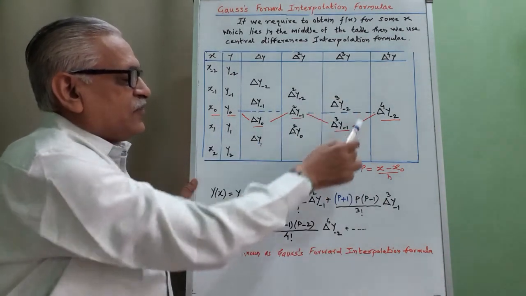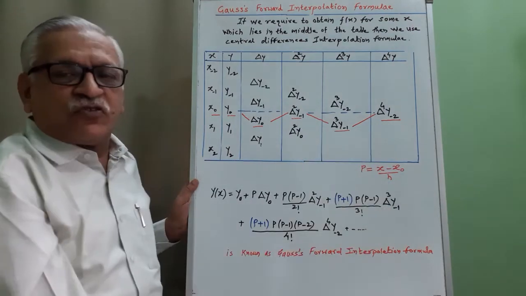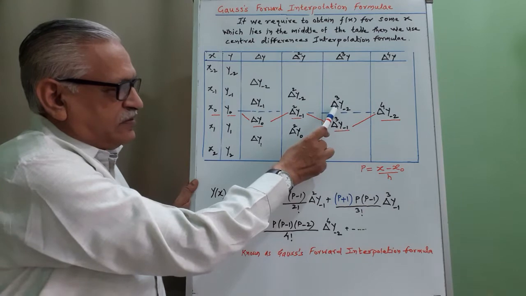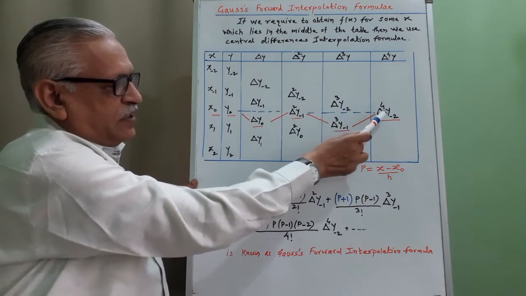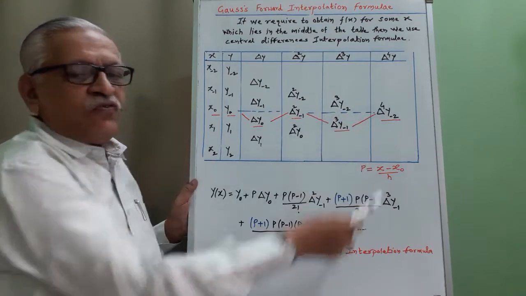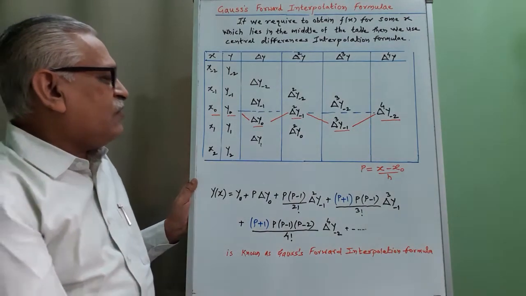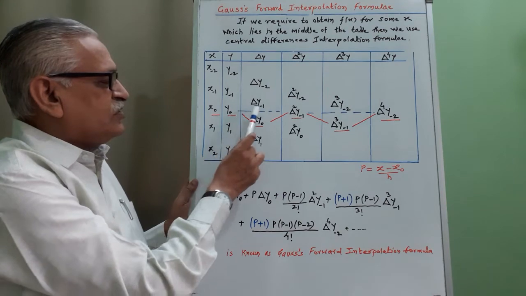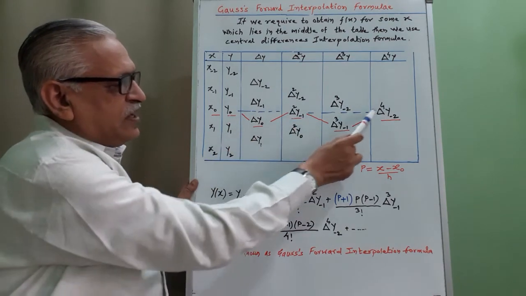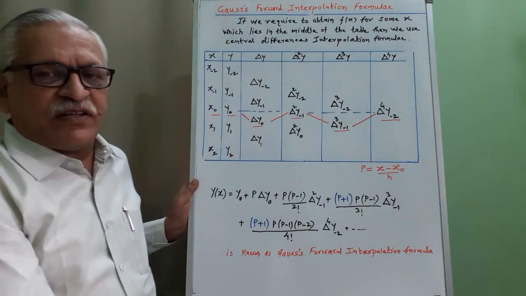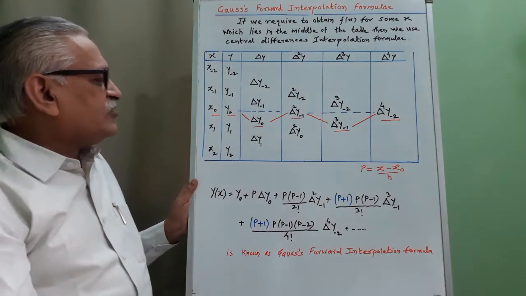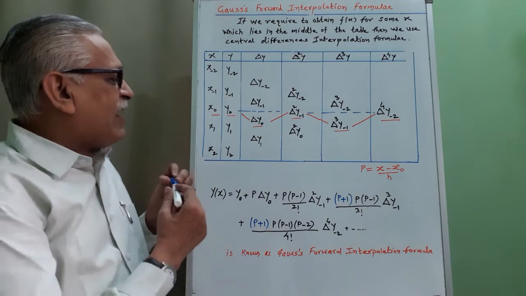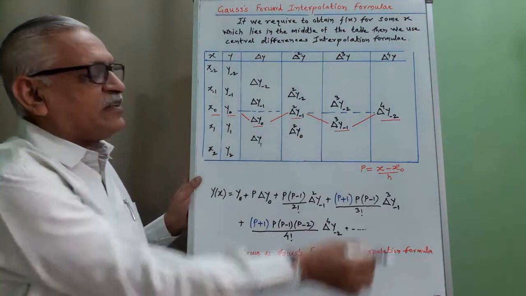And differences of these differences we get fourth order difference as del cube y minus 1 minus del cube y minus 2 is del raised to 4 y minus 2. We draw a central line through x0, y0, del square y minus 1 and del raised to 4 y minus 2, and then we underline the values as I have made it in red colors.